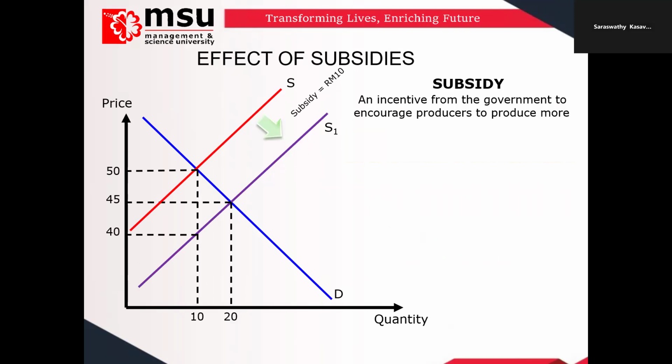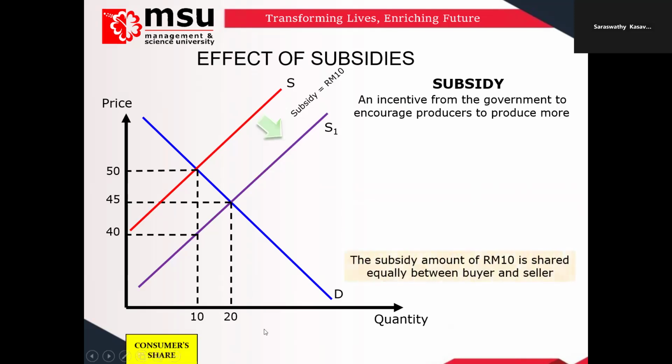Therefore, they can increase the quantity supplied, and the supply curve shifts to the right from SS0 to SS1. Now a new equilibrium happens at 45 ringgit, and the quantity is now 20. The subsidy of 10 ringgit is shared equally by the buyer and seller.